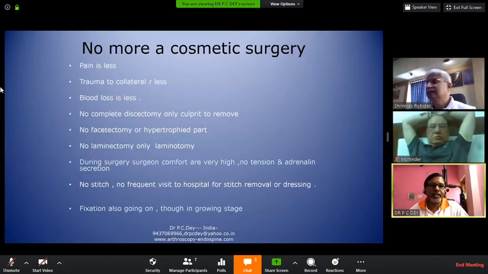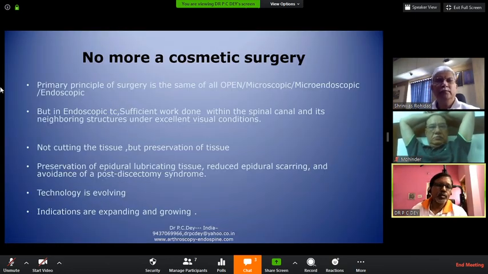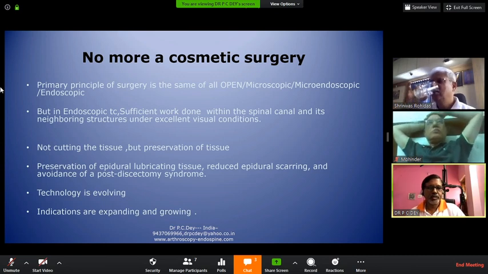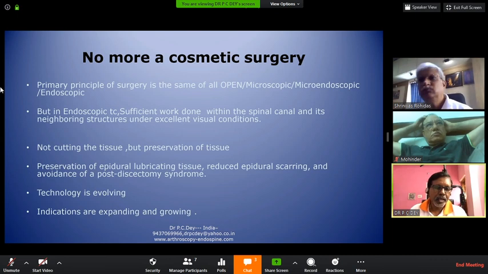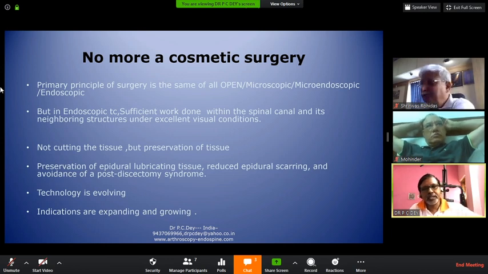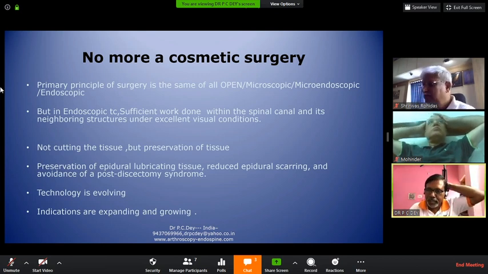Before going to the second case, I just wanted to say this is not cutting the tissue but preservation of tissue, what Mahinder was telling, that preservation of the epidural lubricating tissue reduces the epidural scarring, and also the technology is evolving, indications are expanding and growing nowadays. The indications for this surgery when I started in 2007, now within 13 years, are expanding like anything.